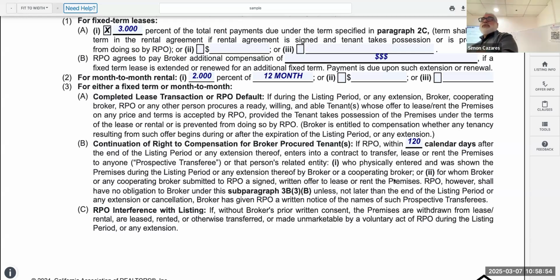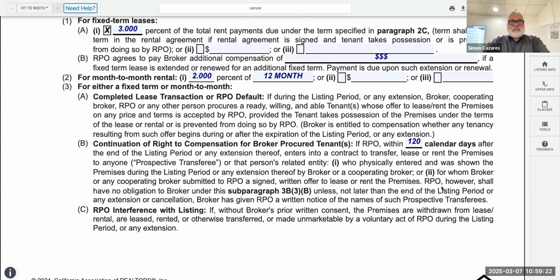So let's say that we do a 3 month listing and then the landlord gives us an additional 3 months, then the stipulation of this 120-day compensation continuance right will then go on to the additional 3 months after, okay? It doesn't expire from the first one, it continues for the remainder of the additional 3 months. Does that make sense? Okay.